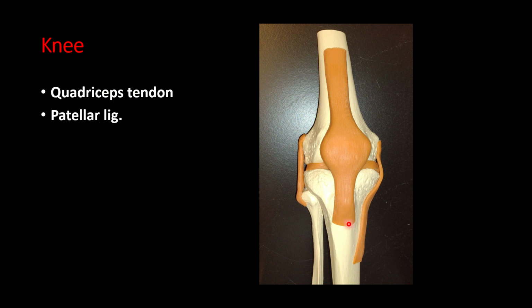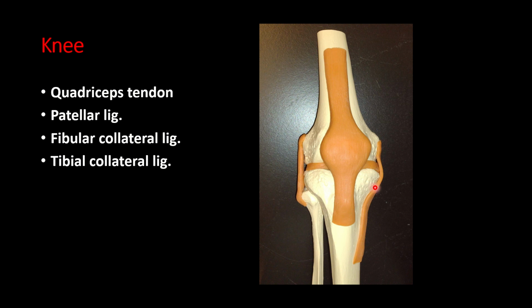So femur, tibia, the fibula, and then here you can see the background behind the tendon and the ligament is the patella. Fibular collateral ligament, so it's connecting femur with the fibula, so this is located laterally.